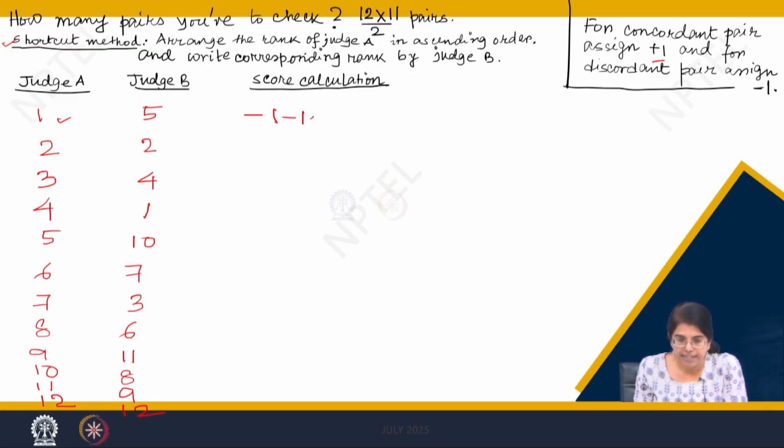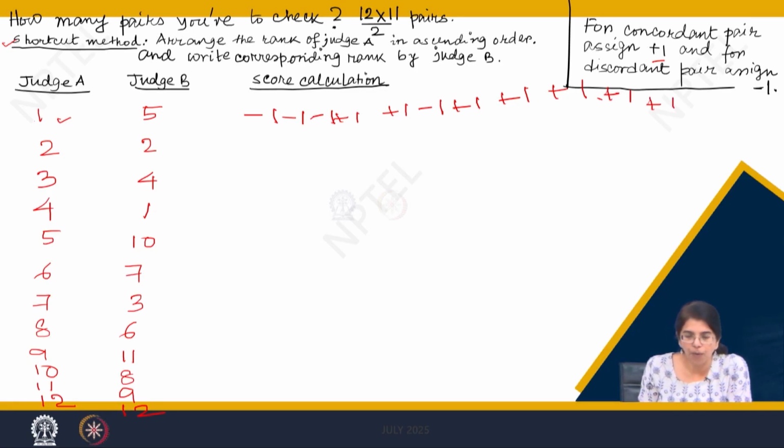So let me write all this score like this: minus 1, and this will be plus 1, this will be plus 1, minus 1, plus 1, plus 1, plus 1, plus 1, and finally plus 1.